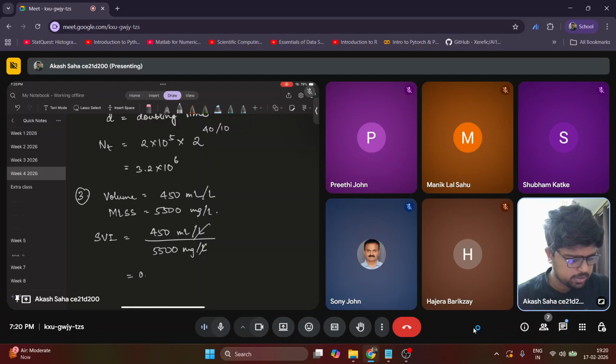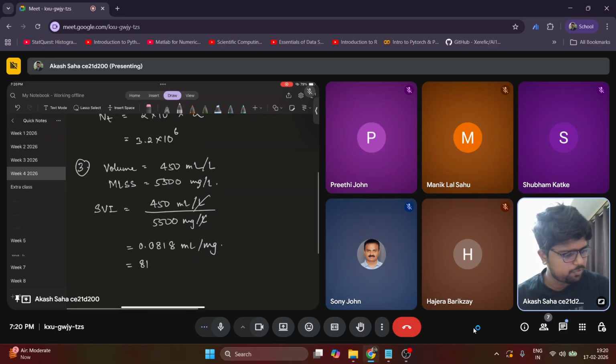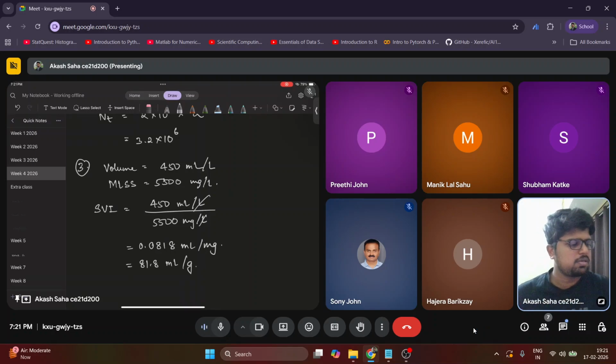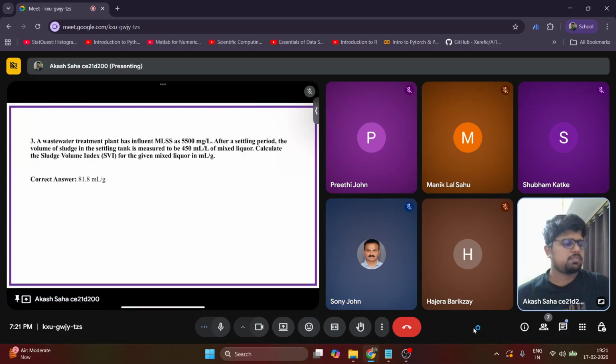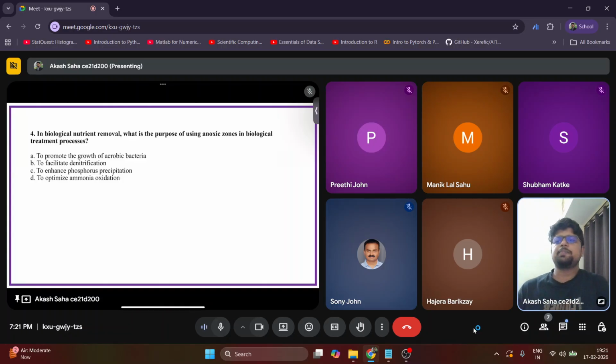So this is 0.0818 milliliter per milligram, but we have to convert it to gram. So it will be 81.8 milliliter per gram. Very simple. That's how you have to do this. Let's move on to the next problem.